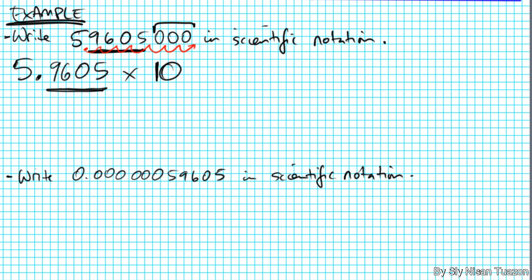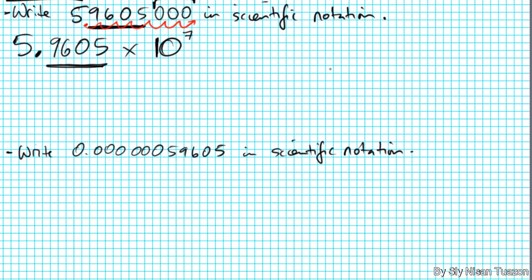So this is going to be 5.9605 times 10 to the power of 7. The power of 10 is telling you how many times the decimal point needs to jump in the positive direction, to the right, to accurately represent the original number. Just double checking: 1, 2, 3, 4, 5, 6, 7, so 10 to the power of 7.